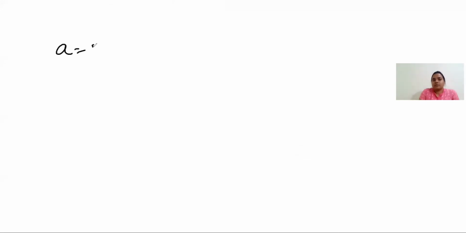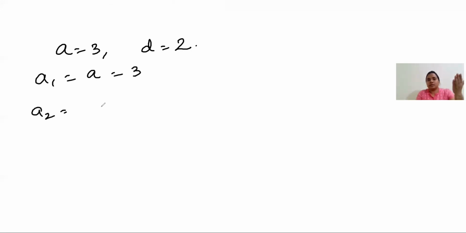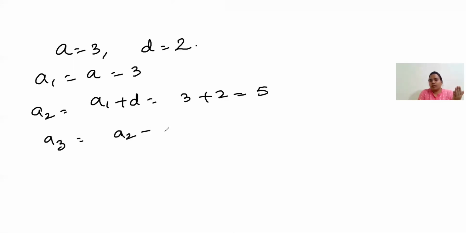Suppose we are given A is 3 and D is 2. We have to find the terms of the AP. How can we find it? A1 will be A, that is 3. A2 will be adding D to the previous term, A1 plus D, that is 3 plus 2, 5. A3 will be A2 plus D, that is 5 plus 2, 7.